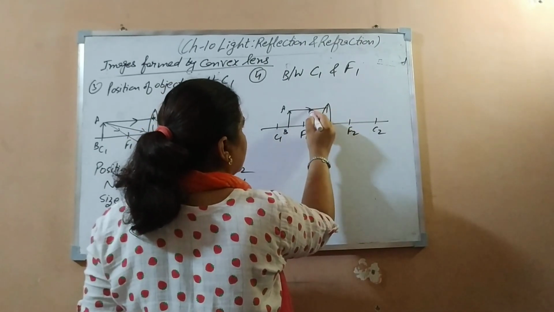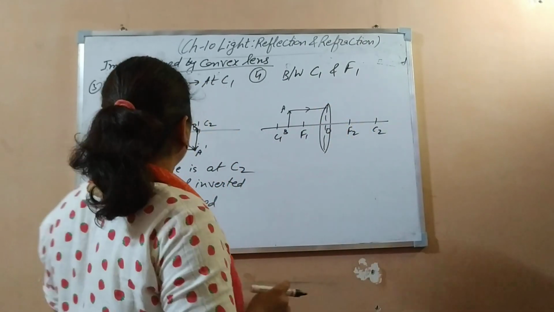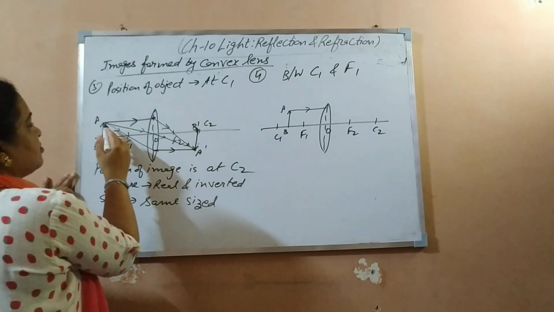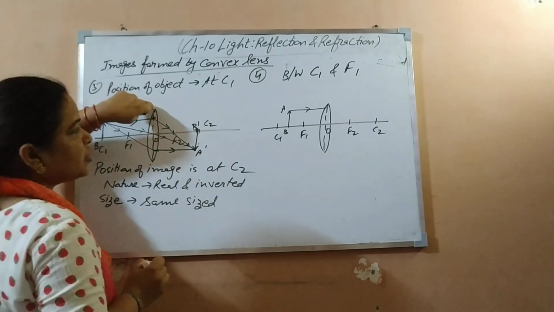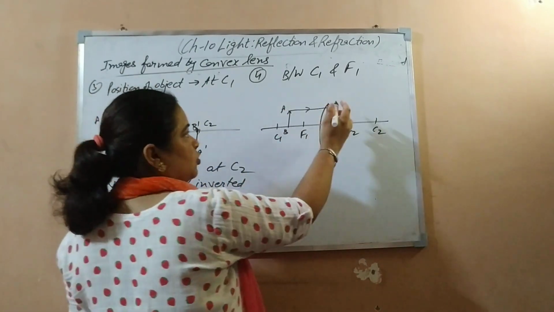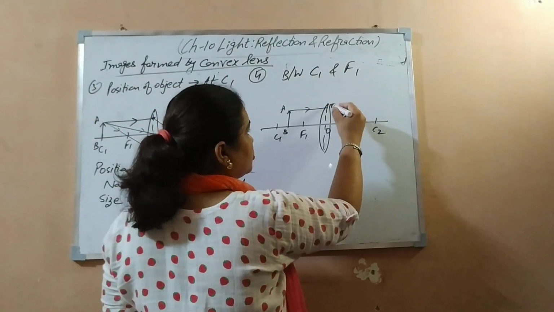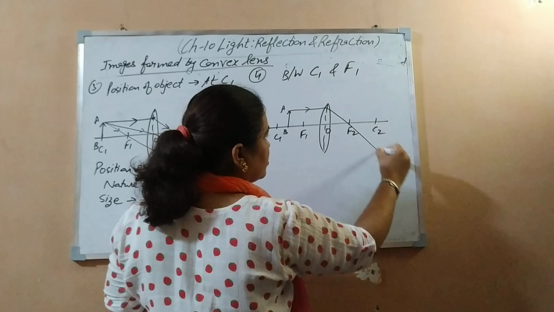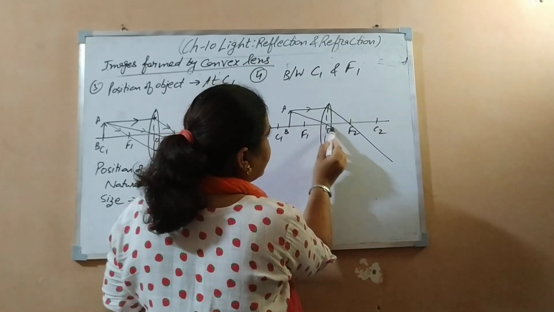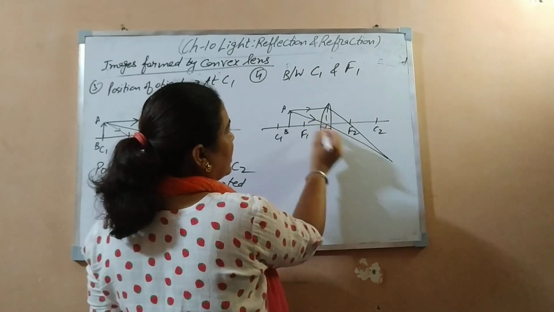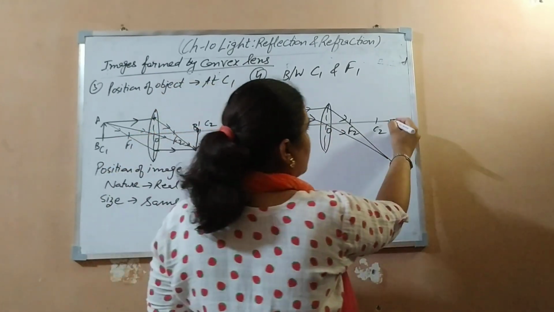You will show a ray parallel. At least cover the distance of the lens, not beyond this. Some students make a diagram with the object going up to the corner of the lens. According to the size you see, the rays can pass through the lens. So it will pass through the focus. Another ray passes through the optical center, and it will go undeviated.